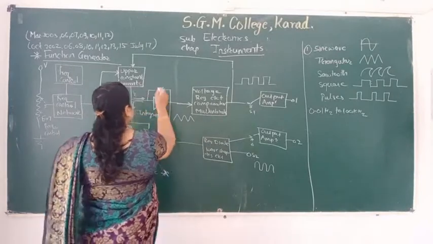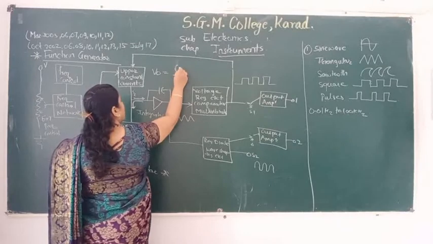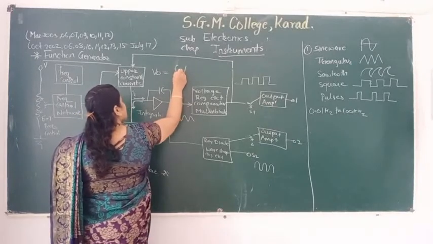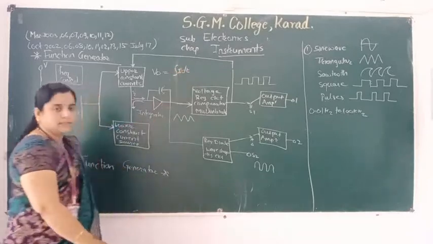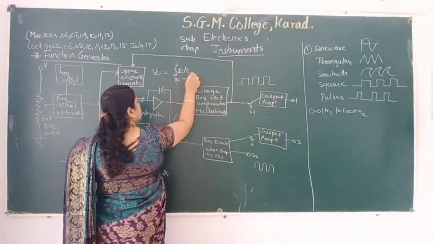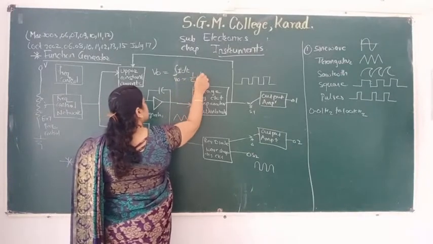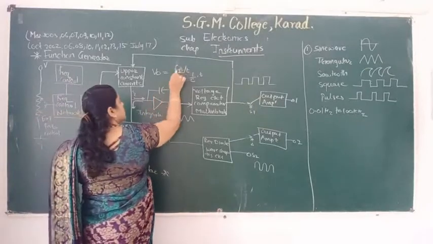Means what happened? Its output V0 is equal to integration of what? I dt. I is what? Current. So how will the equation be? Then V0 is equal to 1 upon C into I into T.